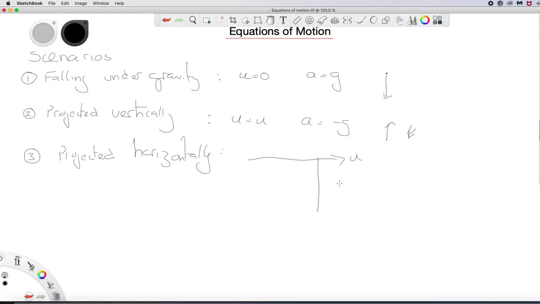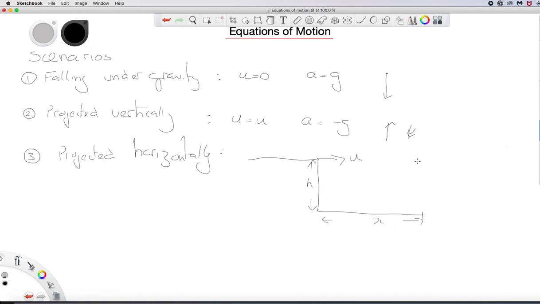So there's your horizontal velocity. Now, you're almost certainly going to be interested in how long it takes to get to the ground from some height, the height of the cliff, and how far it goes horizontally before it lands.